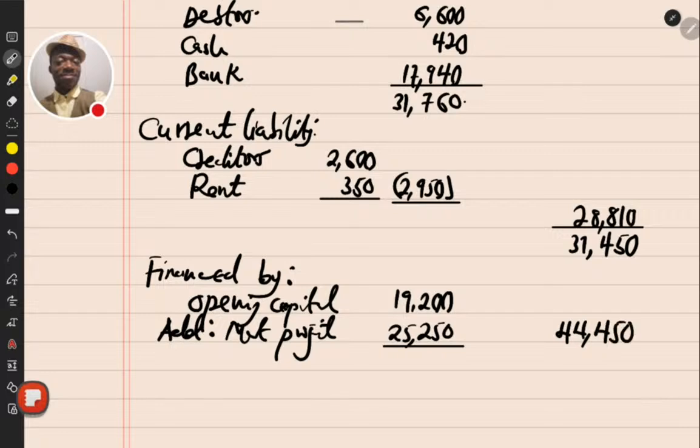So that's going to give us 44,450. So the last thing we want to take into account is to less what we call drawings. So we less drawings. So this is where drawings come to town. Okay, drawings. And we said drawings is 52 multiplying 250.